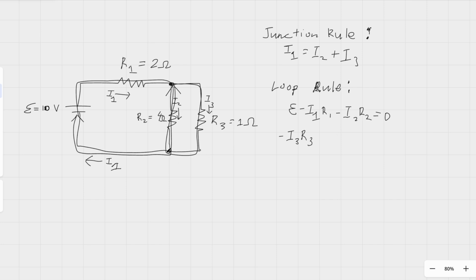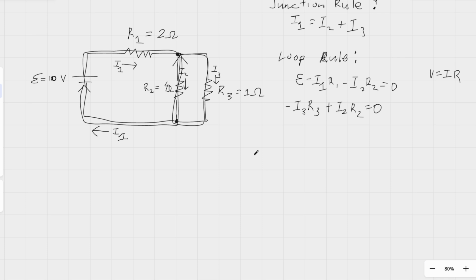And then you actually go backwards through the second resistor, so you add the voltage, so plus I2 R2. Now that that loop is complete, you can set it equal to 0. The way we got the IR is through Ohm's law, which says that voltage is equal to current times resistance.